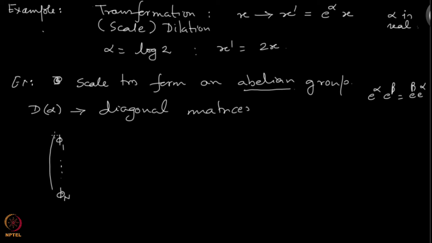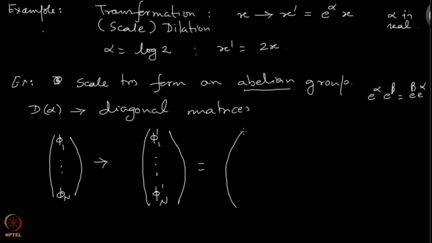Under the scaling transformation, they will go to phi 1 prime, phi 2 prime and phi n prime, and they have to be related by this kind of transformation. So you should have the representation matrix here and the fields phi 1, phi n here.